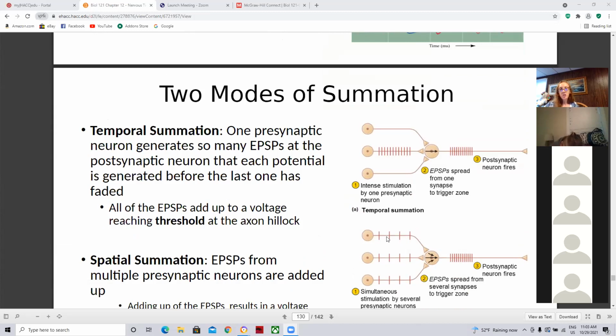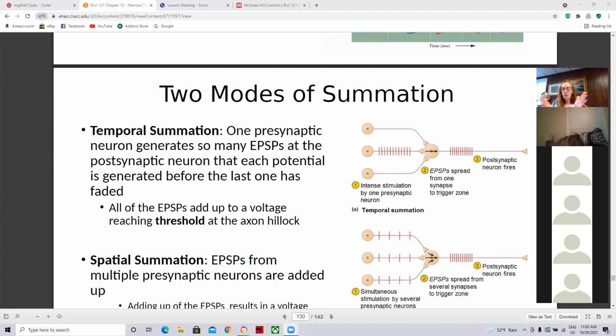Temporal summation, temporal meaning time. A temporal summation is when one presynaptic neuron generates so many excitatory postsynaptic potentials that each potential is generated before the last one has faded.